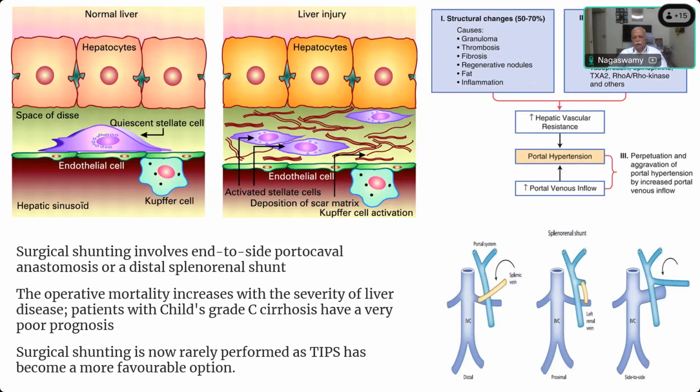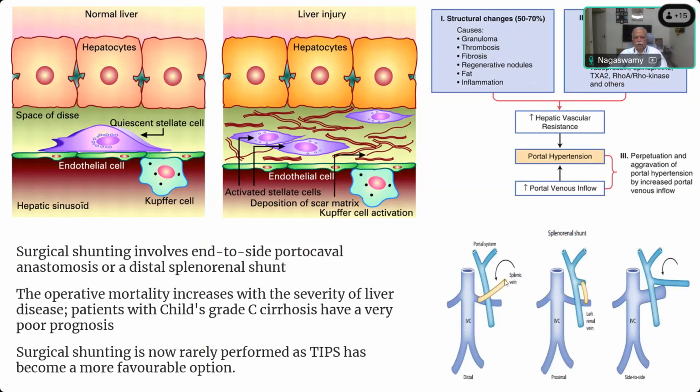anastomosis, where you can connect the splenic vein to the renal vein, and this is a distal anastomosis because the length of the vein needed to bring it close to the origin of the IVC is long.